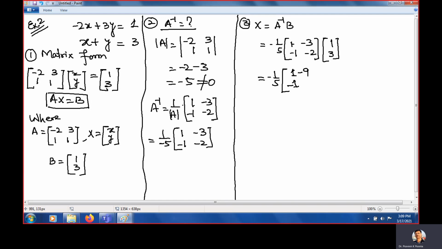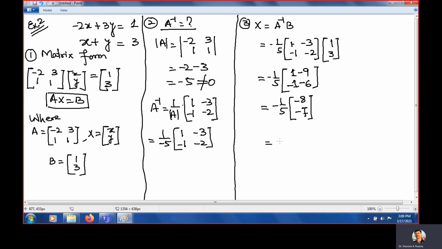And 3 into minus 2 is minus 6. So minus 1 upon 5, it is minus 8 and it is minus 7.